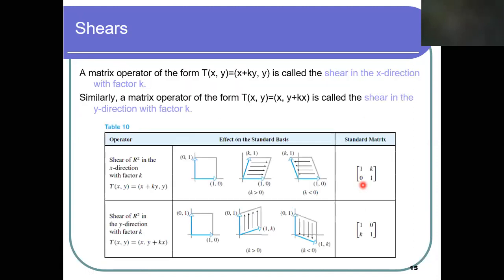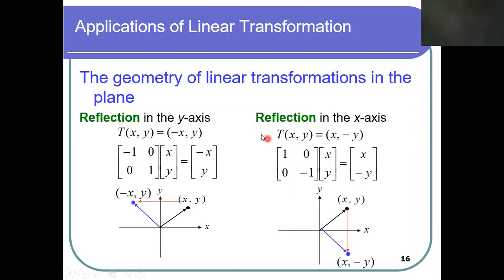If you look over here, this is a coordinate representation, and this is a matrix, the standard matrix representation of reflection about the y-axis, which was given in our previous slides.